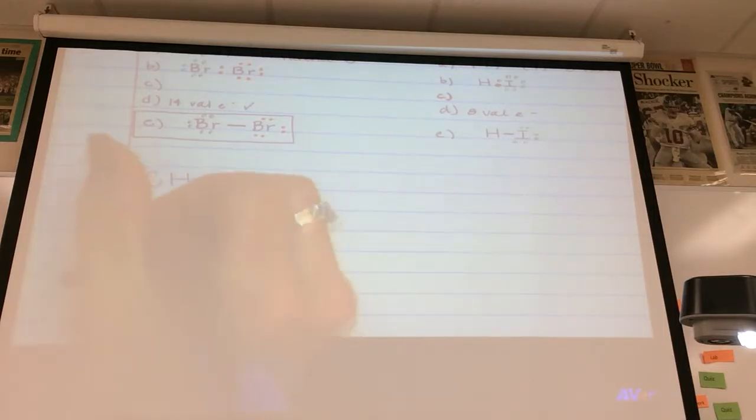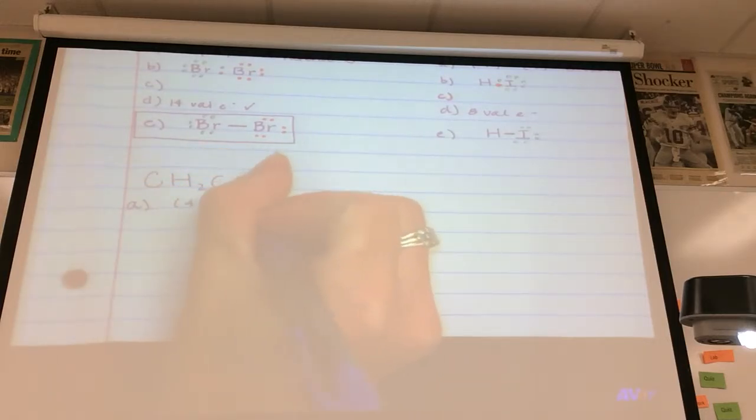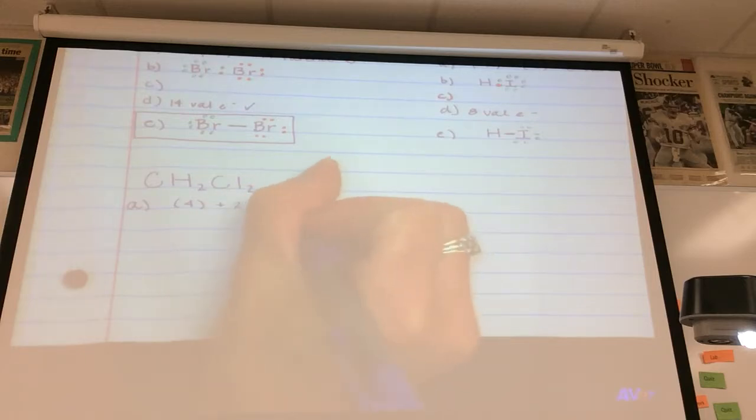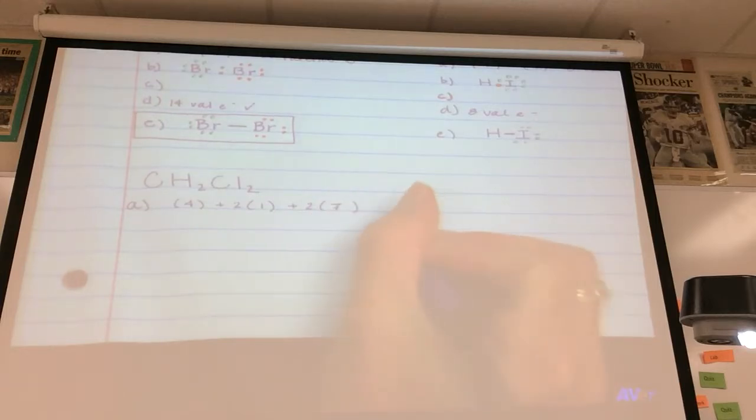Count the electrons. You got it. Carbon has 4 valence electrons, 2 hydrogen, each with 1, 2 chlorine. How many valence electrons for chlorine? 7. It's in group 17. So we have 14, 16, and 4 is 20.